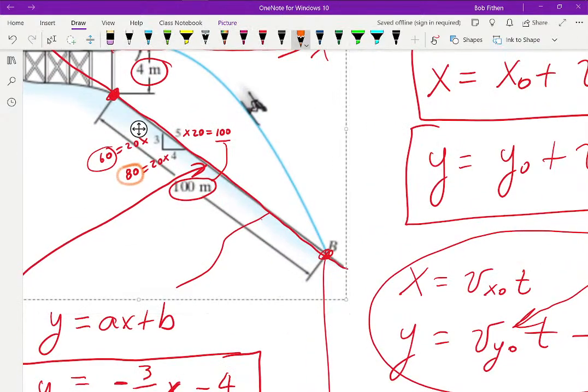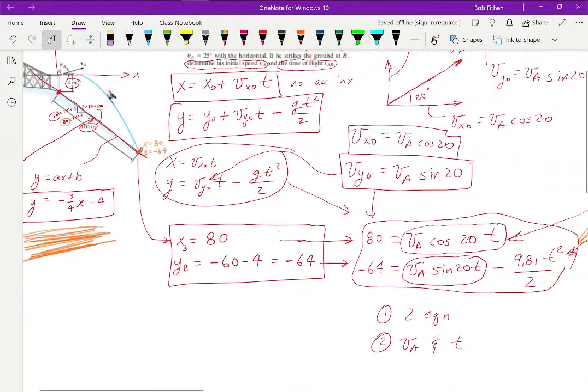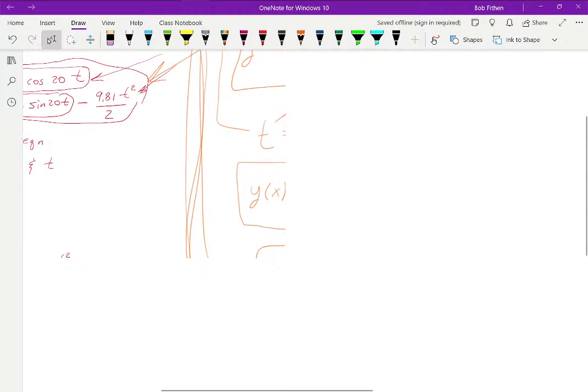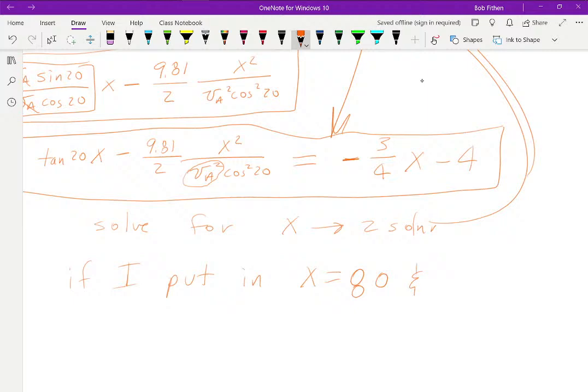If I put in x is equal to 80, this point is at x equal to 80, y is equal to minus 64. And y is equal to minus 64, then this equation must be satisfied.